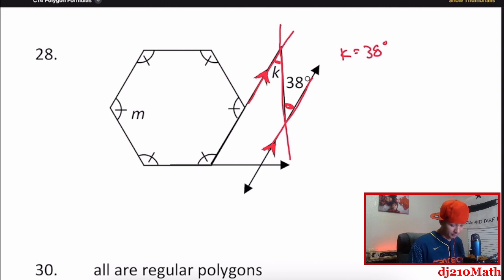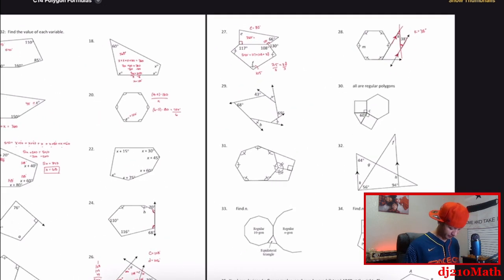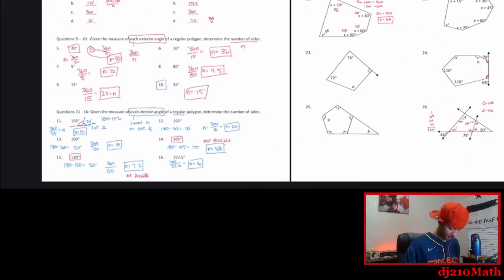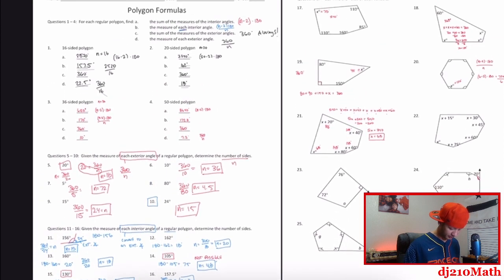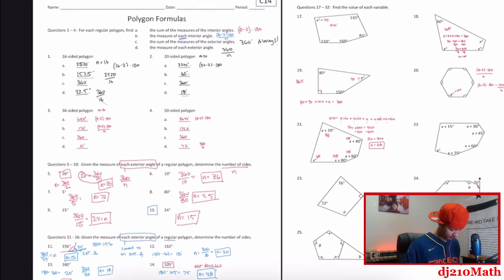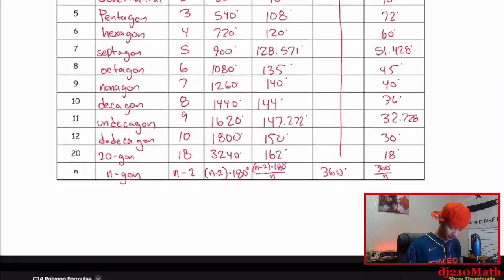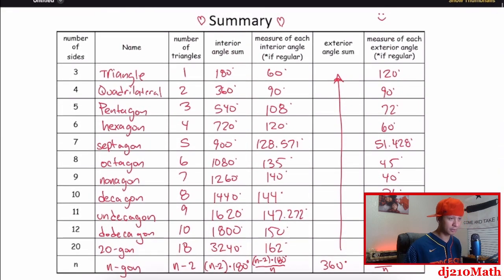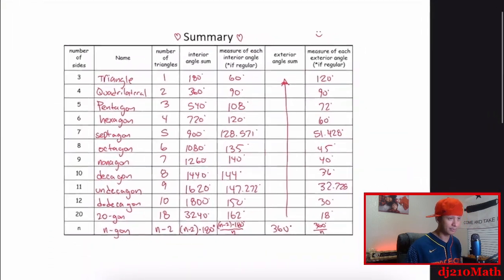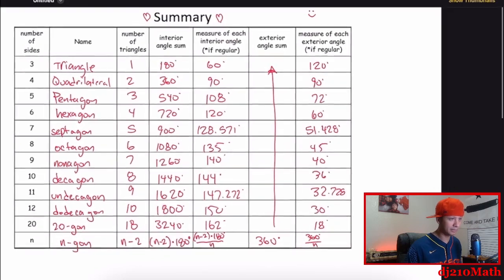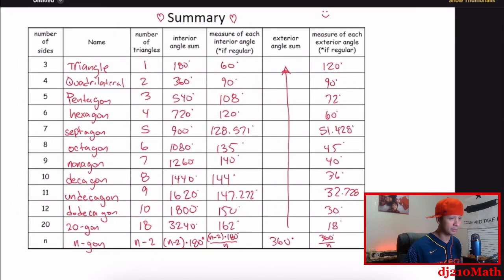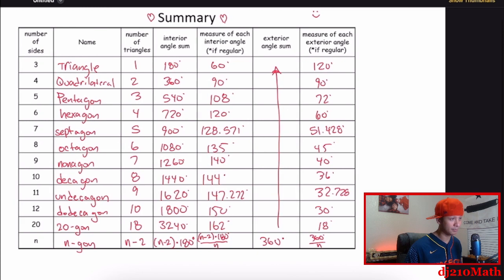In a hexagon, 1, 2, 3, 4, 5, 6, I feel like we found this answer already. In a hexagon, oh, we have this nice little chart. I guess I should have led with this. So here is a chart with some useful information.